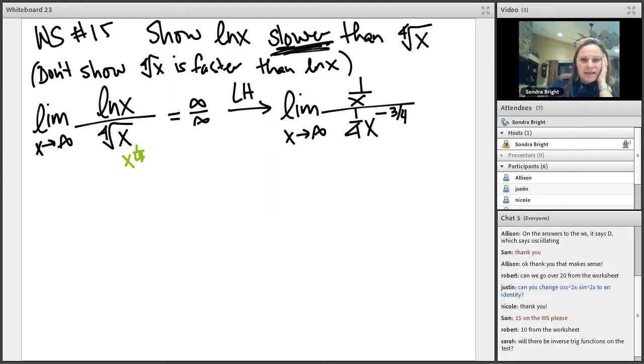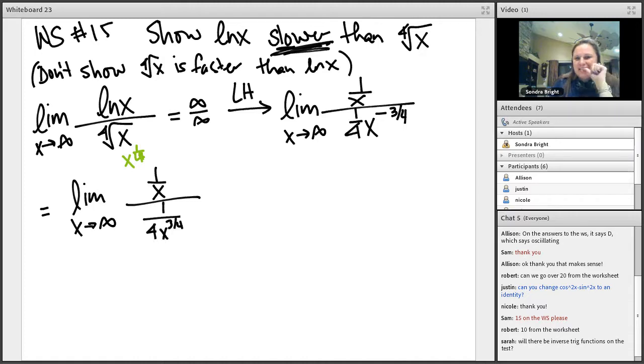You have to know your algebra. This is the limit as x goes to infinity of 1/x over 1/4 x to the positive 3/4. The 4 is in the bottom, and the -3/4 power kicks it downstairs.